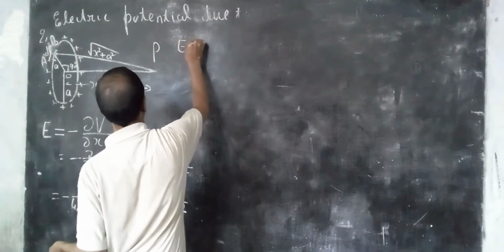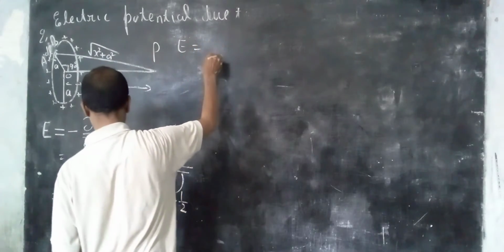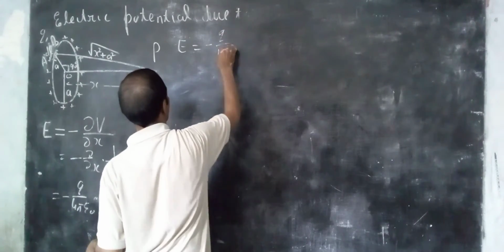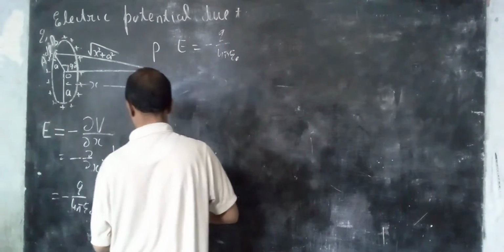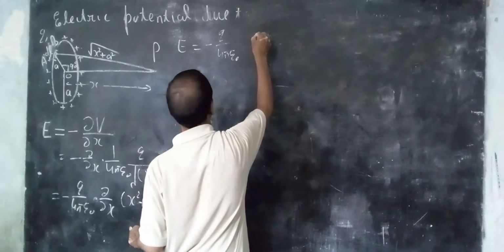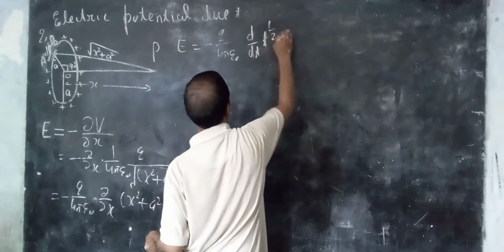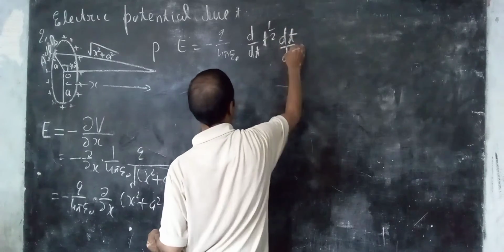E is equal to negative q upon 4 pi epsilon naught, d by dt of t half, dt by dx.